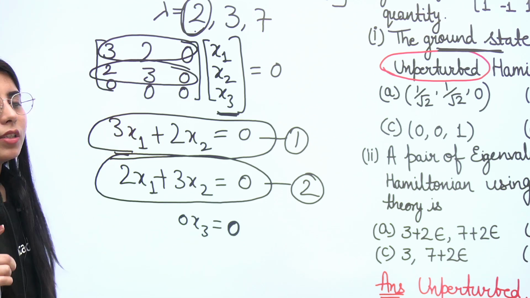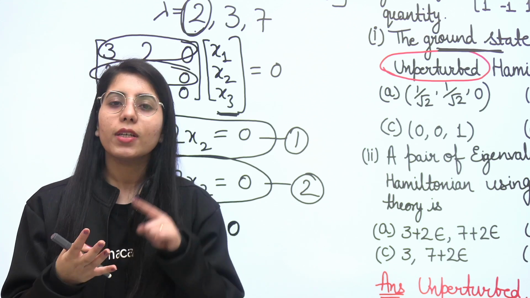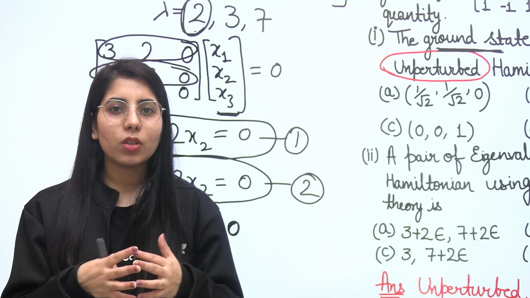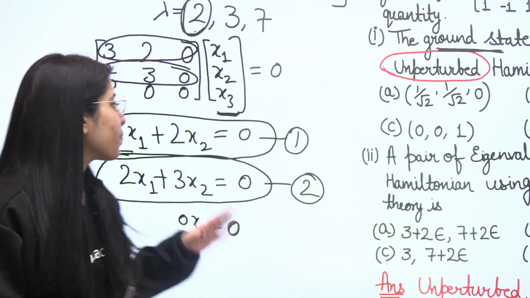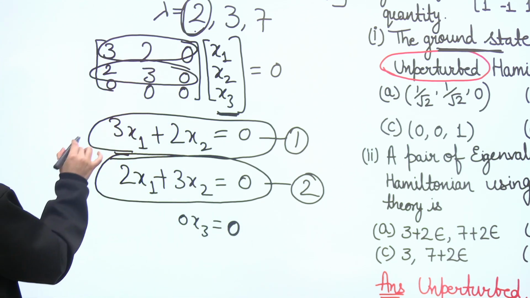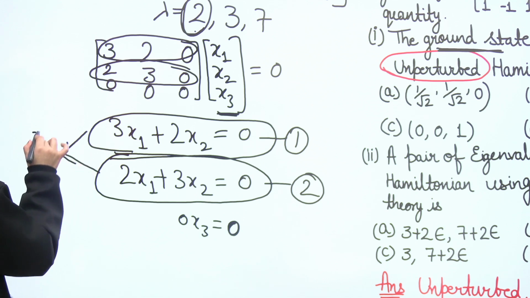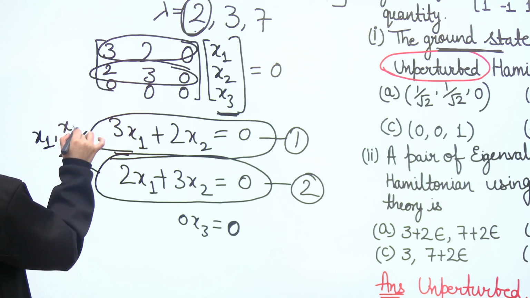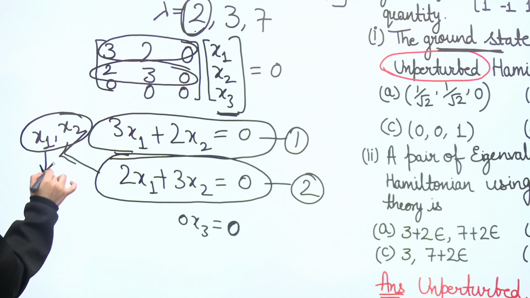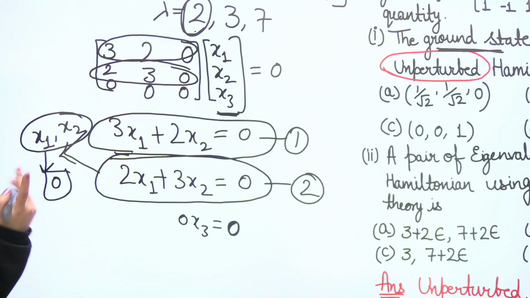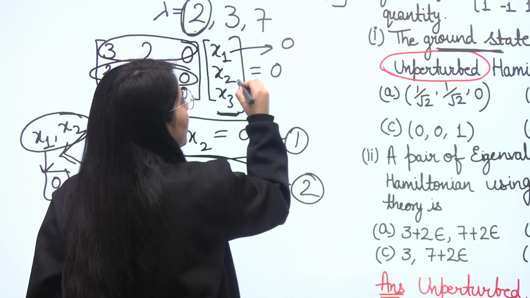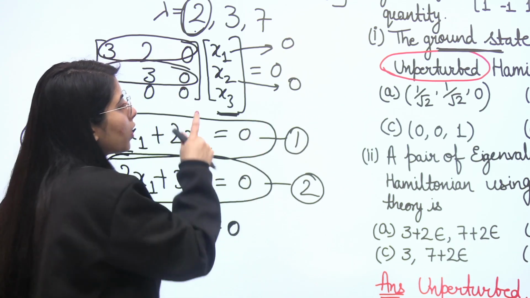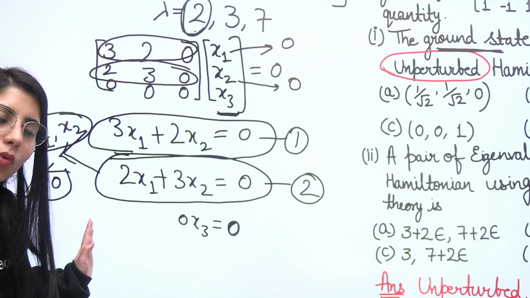As you may have learned many methods to solve linear equations of two variables, clear? In the same way, you can apply any of the methods. You will find x1 and x2 both will be equal to what? 0. Okay, fine, we got it 0. That means there is no choice for x1 and x2. They will be 0. But what about x3? It can have any non-zero value.